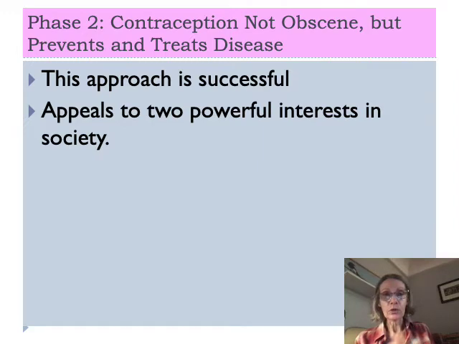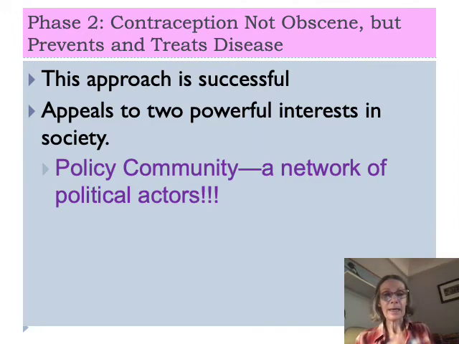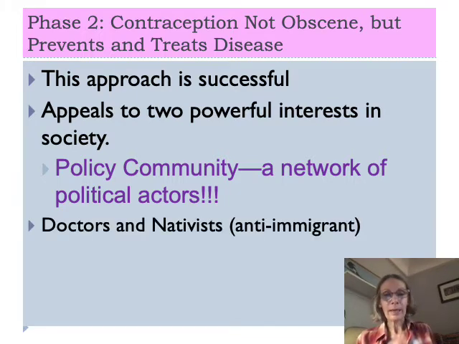And it appealed to two powerful interest groups in society. Keep in mind that when we're changing policy or wanting to weaken policy in order to bring about new policy, you need a policy community, a network of political actors who work together in order to challenge existing public policy and to bring about new public policy. And so there was a policy community that developed.